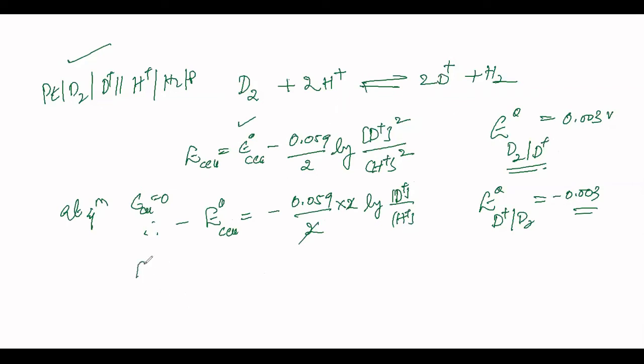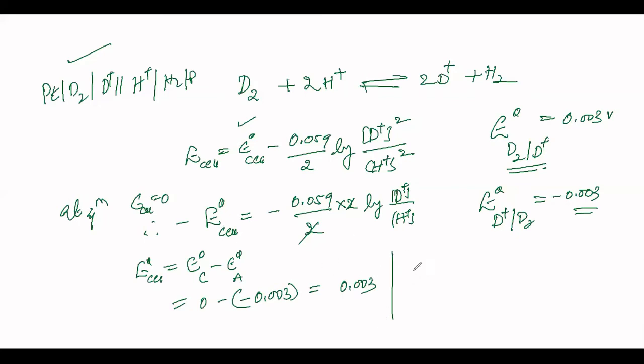So E cell is equal to E0 cell, of course, E0 of reduction potential of cathode minus E0 of anode. Cathode is hydrogen electrode, which will be 0, minus of minus it is, minus 0.003. It is coming out as 0.003, isn't it? So this minus minus gets cancelled.